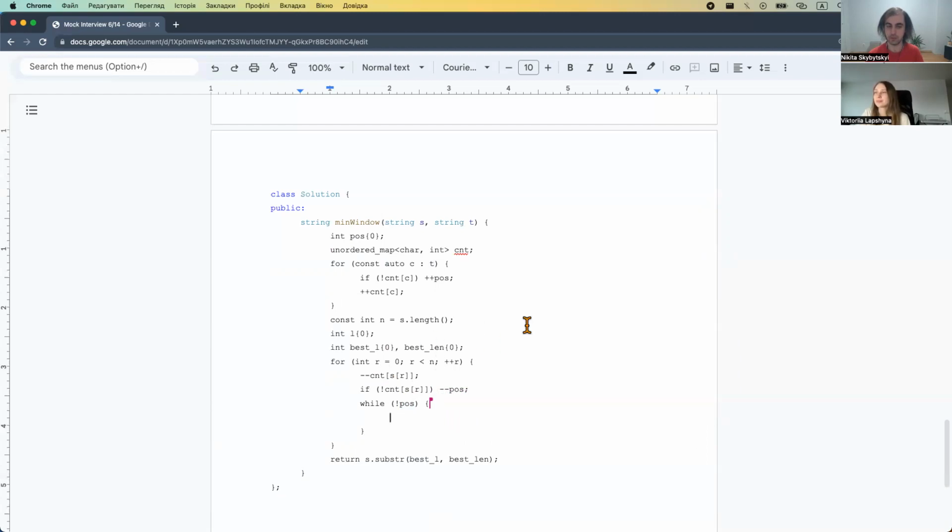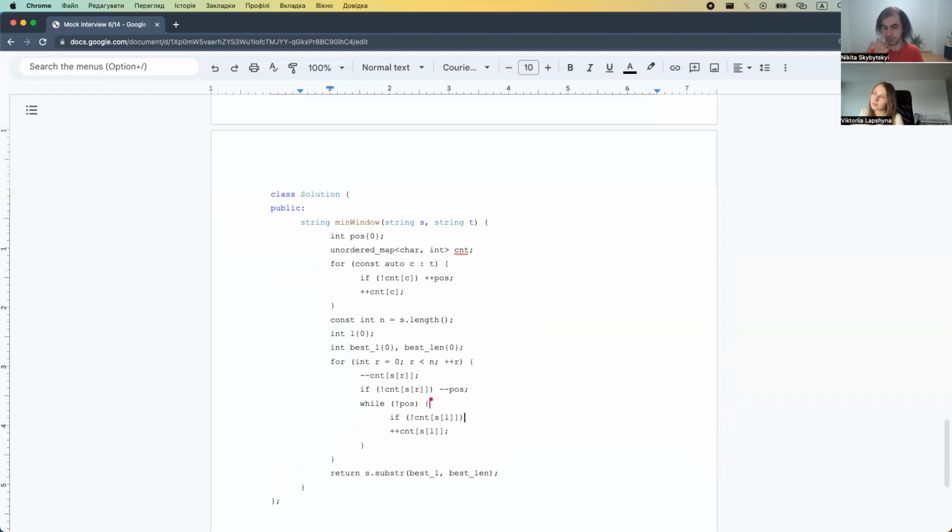Right? So let's try maybe removing s of left. And removing actually corresponds to incrementing the frequency, because of the way we did it here. So now after removing, no, actually I believe this way.